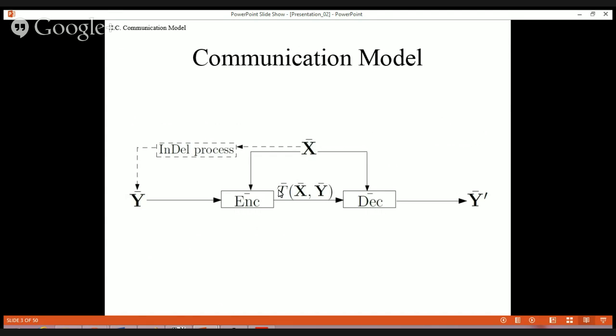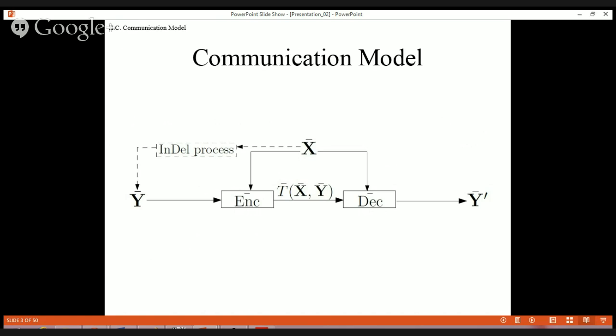This is our communication model. The old file X is available to both encoder and decoder. The new file Y is obtained from X through some insertion-deletion process and is available to the encoder.